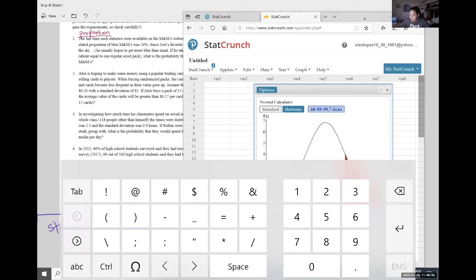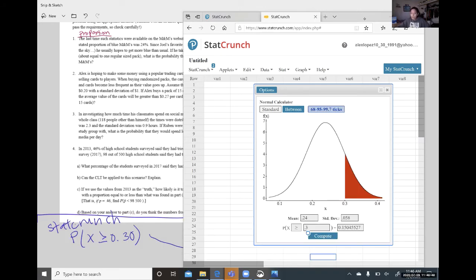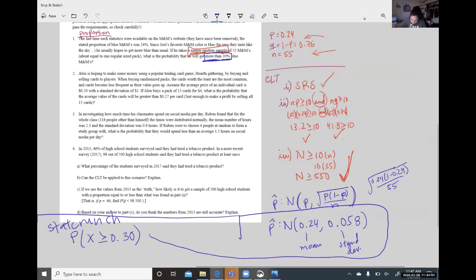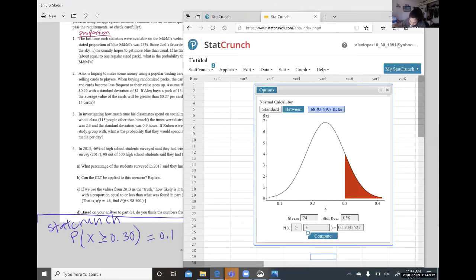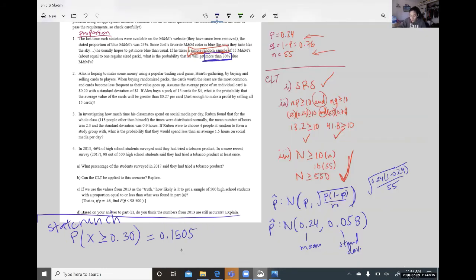Okay, and I calculate and I get this number there, 0.1505. So this is equal to 0.1505505. If we turn this into a percentage, this is 15.05%. And that would be your answer right there.